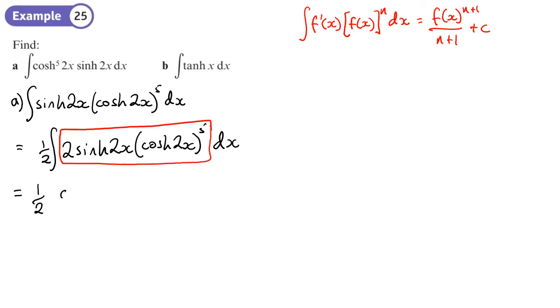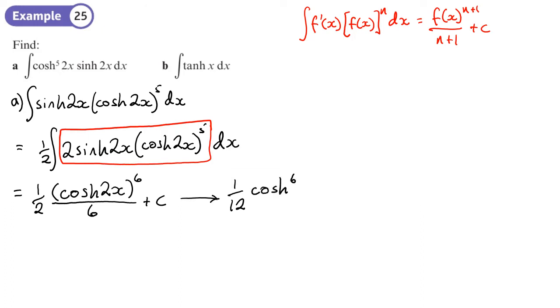This will be cosh 2x to the power 6 over 6 plus c, and then we can tidy that up and get 1 over 12 cosh to the power 6 of 2x. We can put the power 6 there, or put it in brackets and put it at the end. So that will be part A.